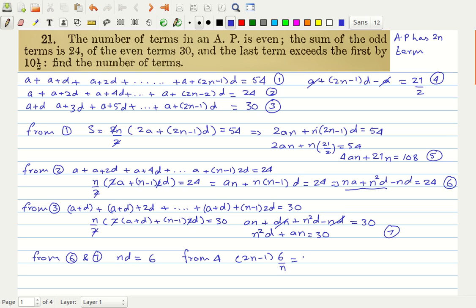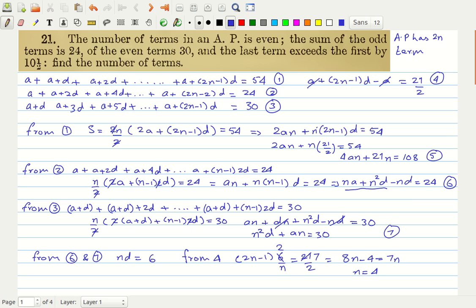This is equal to 21 by 2, correct? So this is 3 times 2 and this is 3 times 7. So what you get from here is 8n minus 4 is equal to 7n, or n is equal to 4.